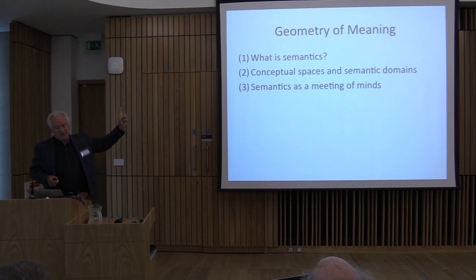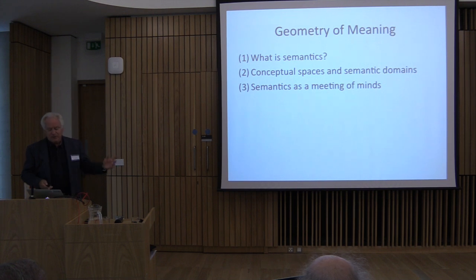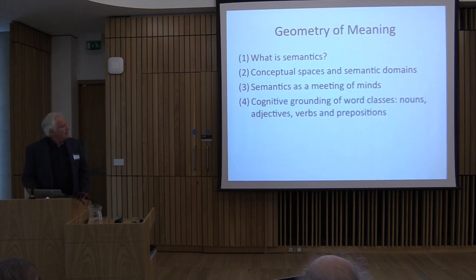I develop semantics as a meeting of minds. Take these social aspects of semantics seriously, which is not very common in the symbolic approach, not very common in cognitive linguistics either. But I have some kind of model. I've done this together with Massimo Warglien, a collaborator in Venice.